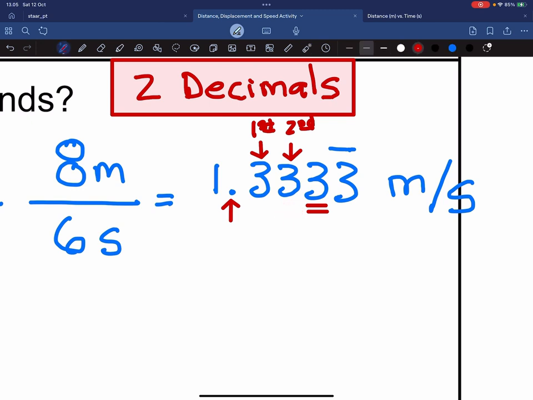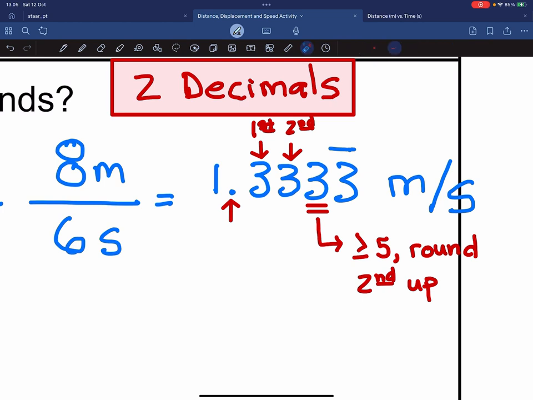So the rules are, if the third decimal place is greater than or equal to 5, then I round the second up. So, is that one right there greater than or equal to 5?